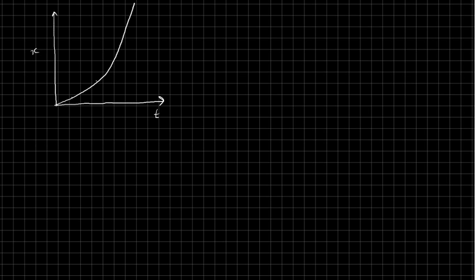And so one way we can think about doing that is we can think about taking segments along this line and finding the slope at each of those points. And so we're going to have a delta x here, and a delta t, a delta x, and a delta t, a delta x, a delta t.